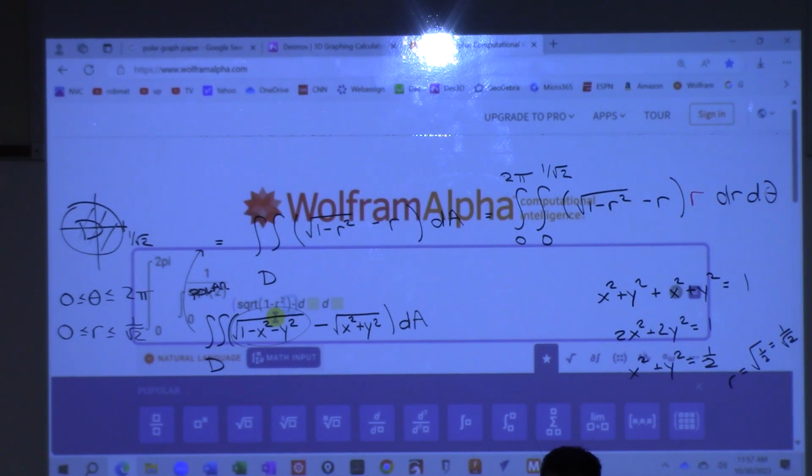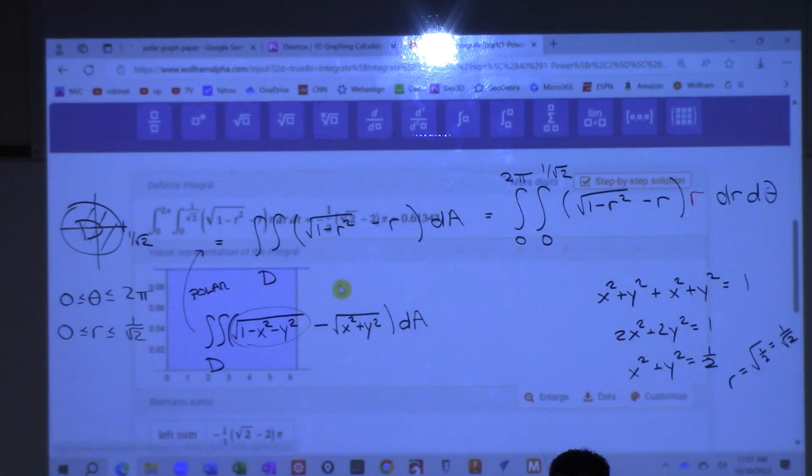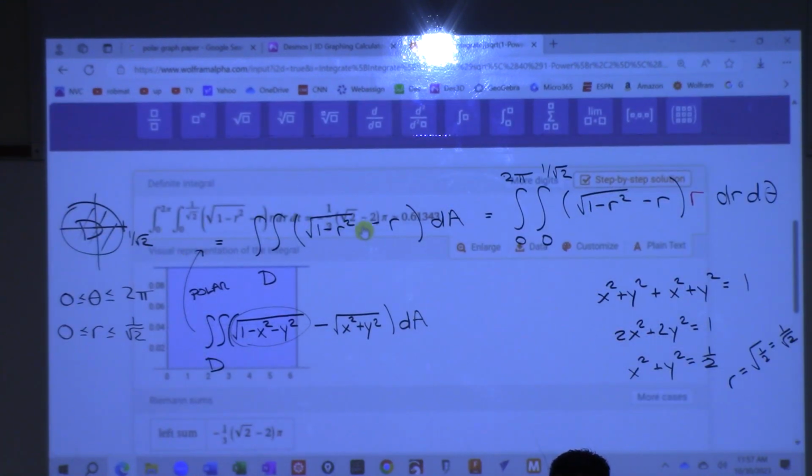And then that minus r, right? And then I needed times another r. And then dr dt. I'm going to use t for theta. And then let's just see how it handles that. .61343. There we go.